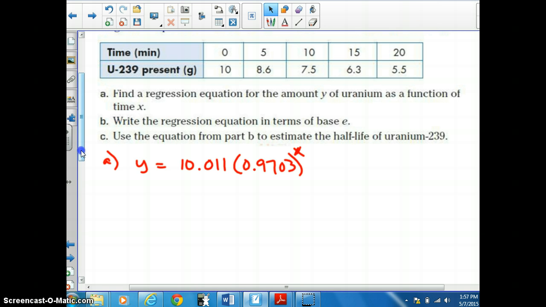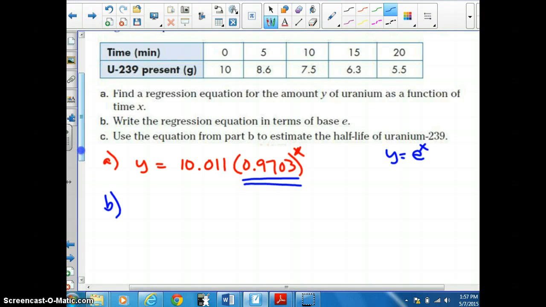Part B asks us to write this regression equation in terms of base e. What that's going to look like, remember, we can have y equals e to the x. We're going to base it off of that, so that's base e. The thing that has the exponent on it, this 0.9703, we're going to write it in terms of e.